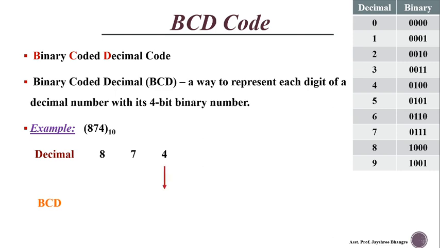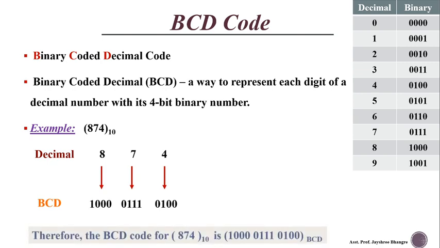It is represented in BCD as 0100, 7 is represented as 0111 and 8 is represented as 1000. So this is our BCD equivalent for the decimal number 874. So it is very simple to represent any decimal number in BCD. We just have to write the binary equivalent of each decimal digit.